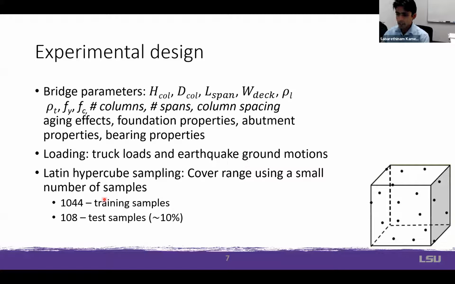For each bridge class, we develop 1,044 samples, and each sample represents a bridge model. For each of those 1,044 bridge models, we do finite element simulations on DesignSafe. We also have 108 test samples, which we'll be using for testing the surrogate models that we develop for our demand, capacity, and all of those kinds of things.